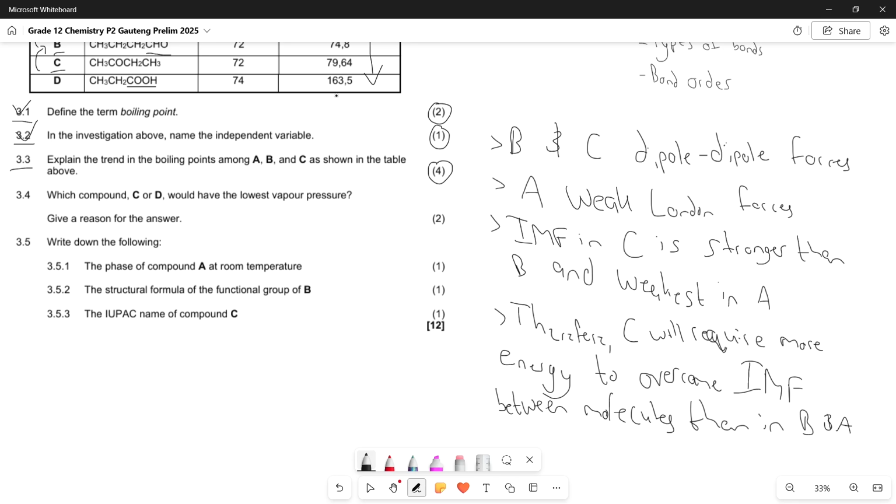Boiling point and energy are directly proportional, so the higher the boiling point, the more energy is required for the bonds to break between these molecules.